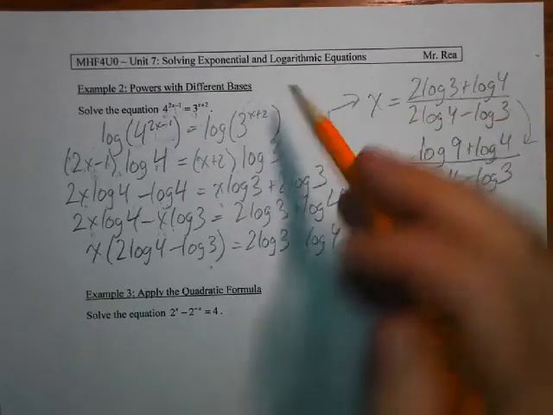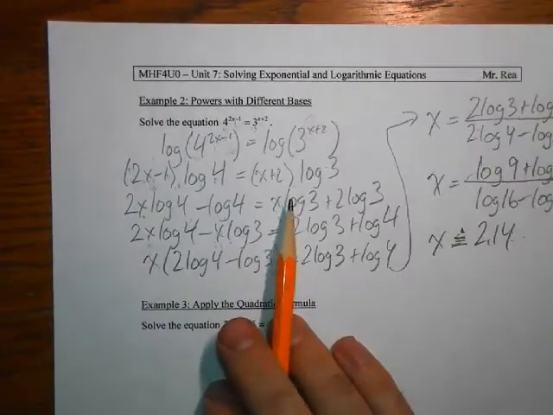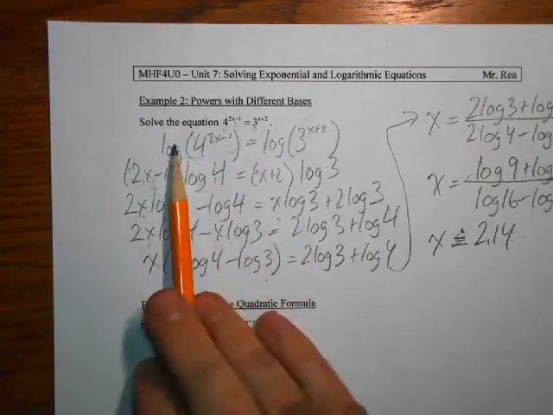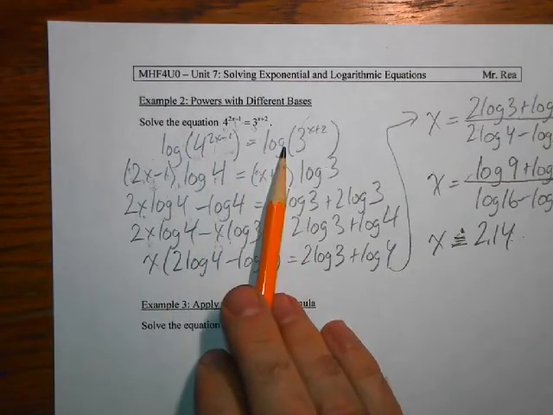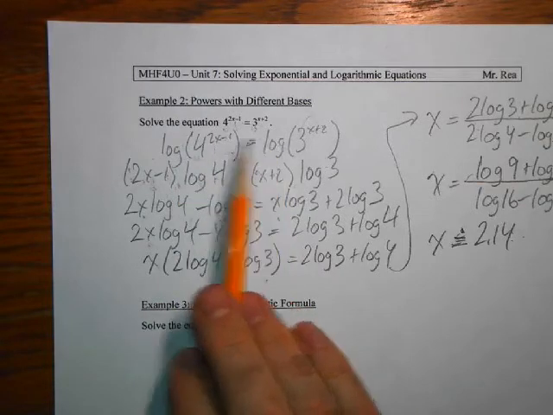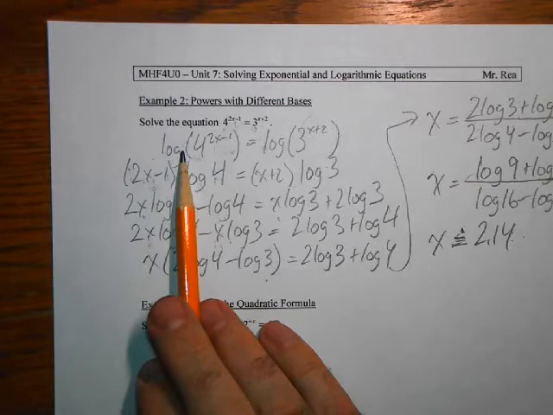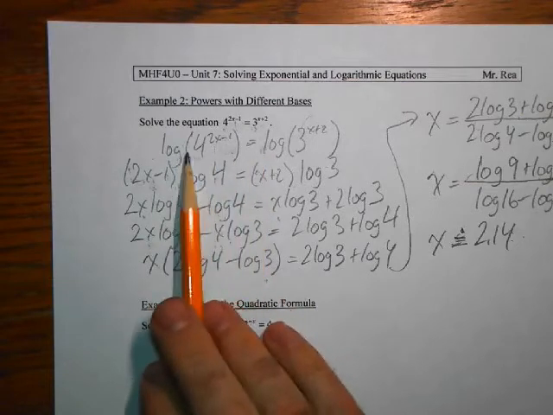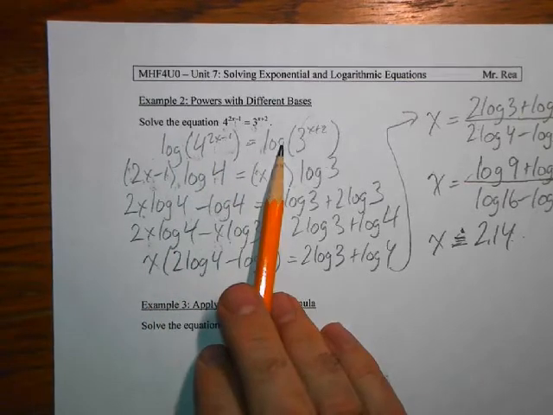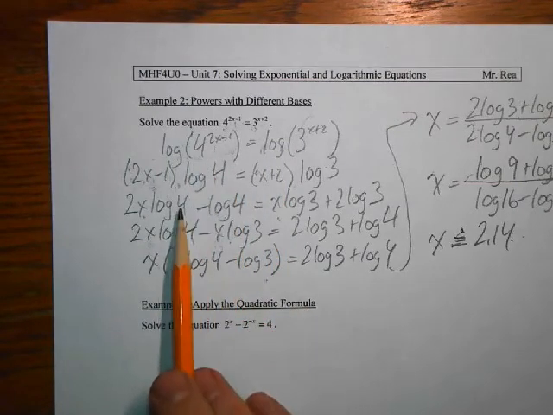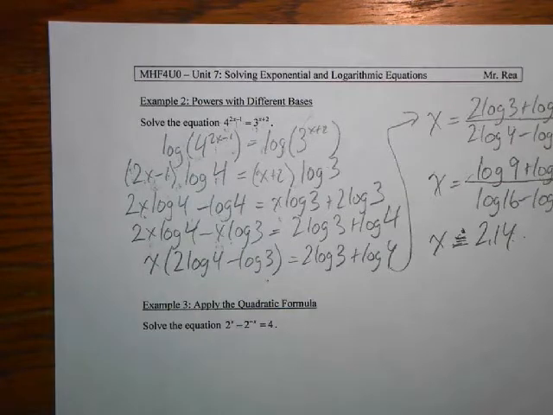The other thing I want to say about this is when I took the log of both sides, it was kind of an arbitrary decision. Which base am I going to use? I decided I'm going to use the common log because I've got this button on my calculator. But I could have also used the ln function, using the base e. And you have an ln button on your calculator as well, which is usually right beside the log button.